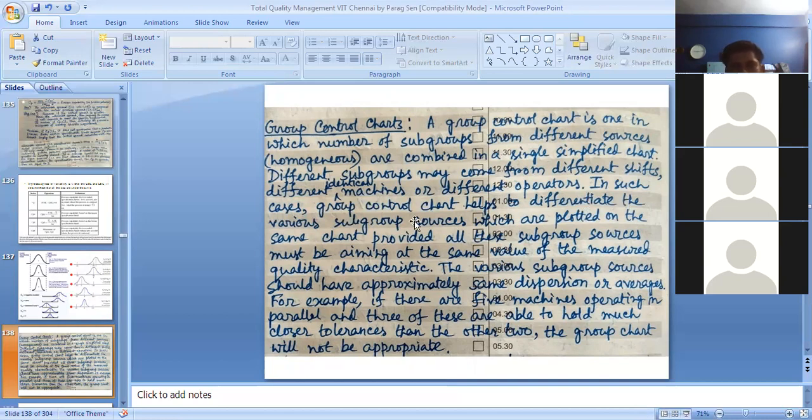In such cases, the group control chart helps to differentiate the various subgroup sources plotted on the same chart, provided all the subgroup sources are aiming at the same value of the measured quality characteristic. The various subgroup sources should have approximately the same dispersion of average. For example, if there are 5 machines operating in parallel and 3 of these are able to hold much closer tolerances than the other 2, the group chart will not be appropriate.